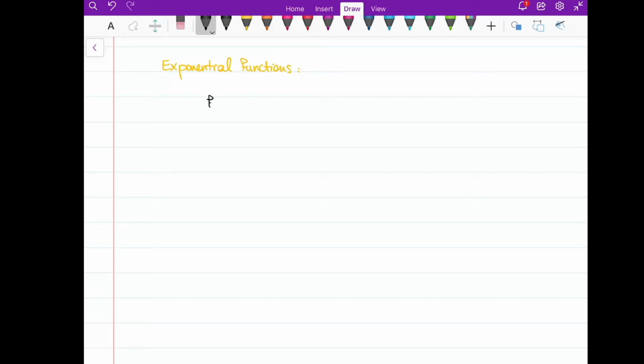A function f of x is equal to a to the power of x, where a is a positive constant, and a is not equal to 1. Okay, then the domain and range of this function is what? The domain, as you see, you can put any number in here. So it's all real numbers, the interval from negative infinity to positive infinity.